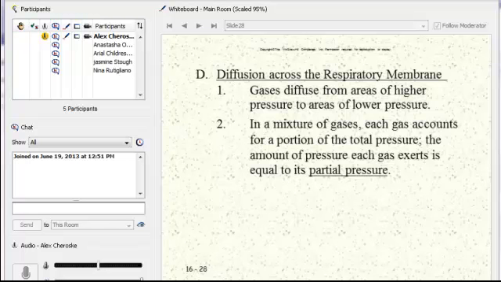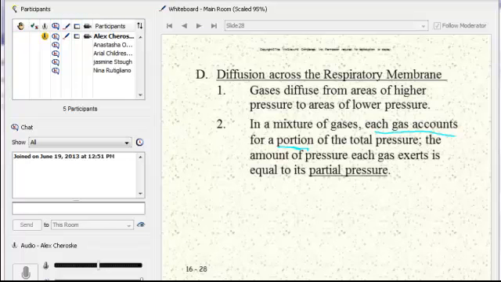And so when we talk about concentrations, we have to figure out how much oxygen is in here, and how much carbon dioxide is in here in the atmosphere, and then how much is in the blood. Because that's where we're going to be comparing concentration. We need to know concentration in blood and concentration in the alveolus in order to get things to move across that respiratory membrane. So in a mixed gas, each of those individual gases accounts for a portion of the total pressure of that gas.